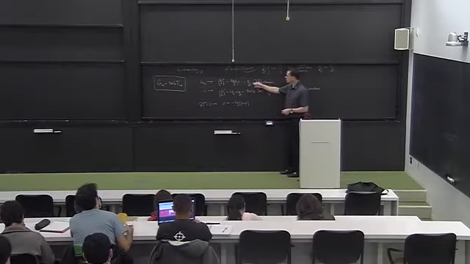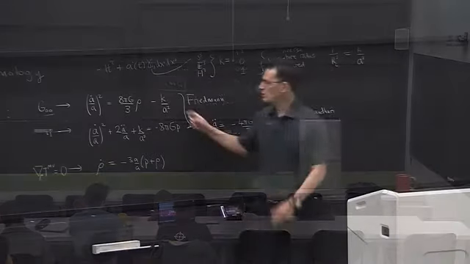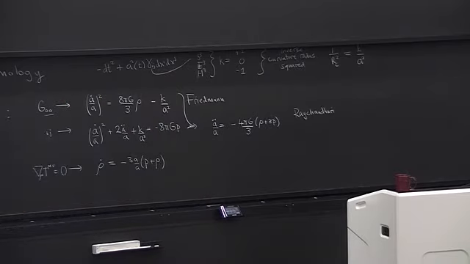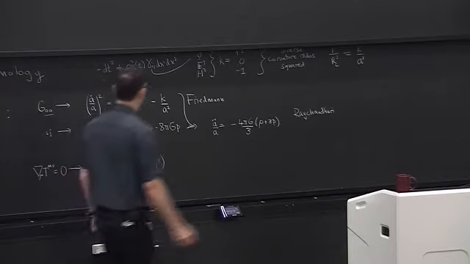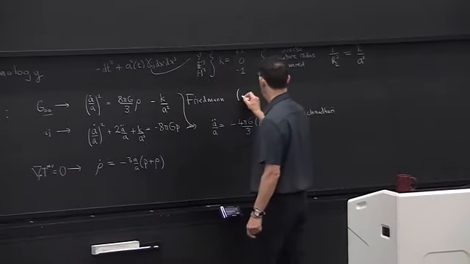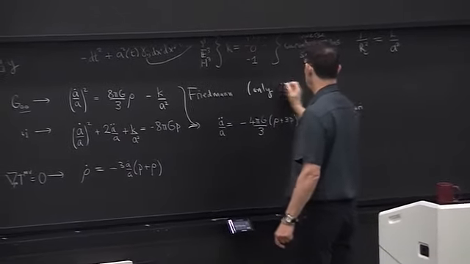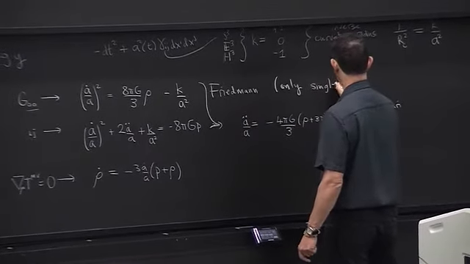So the first equation we got was the Friedmann equation, and you notice something peculiar about it. It only involves first time derivatives, no second time derivatives. Okay, so note here only single time derivatives.